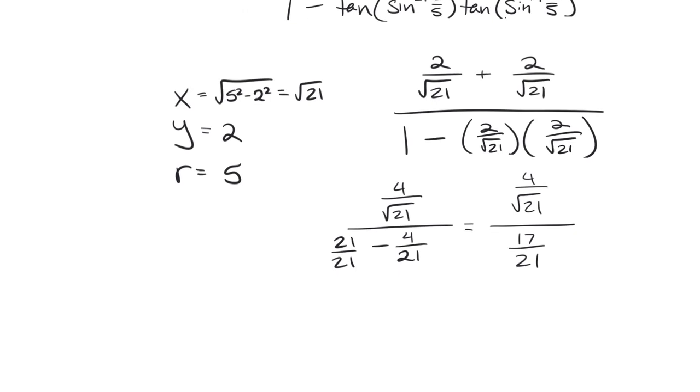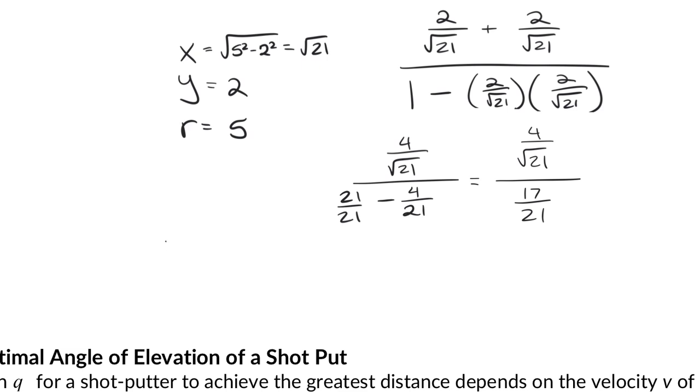Ah, the good old keep, change, flip. We keep, we change, we flip. 4 times 21 is 84. 21 times 17 is 17 square root 21.